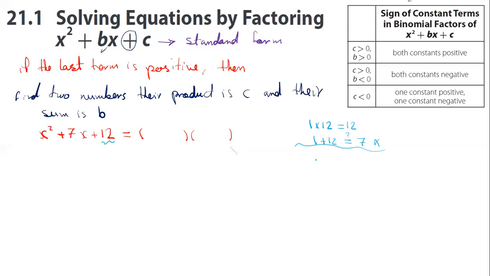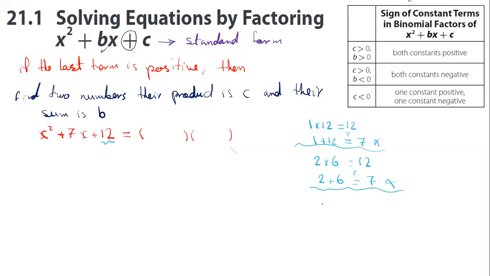Another pair of factors of 12 is 2 times 6. The product of them is 12. 2 plus 6, is it 7? No, 2 plus 6 is 8, so I will not accept this one.